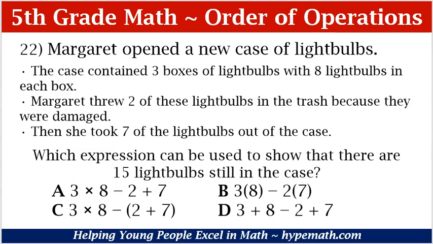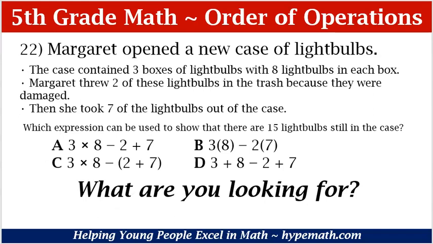A, we have 3 times 8 minus 2 plus 7. B, we have 3 times 8 minus 2 times 7. C, we have 3 times 8 minus, in parentheses, 2 plus 7. And then D is 3 plus 8 minus 2 plus 7.